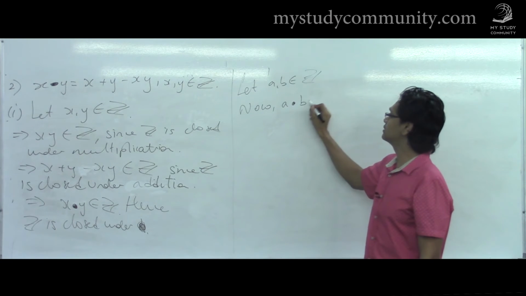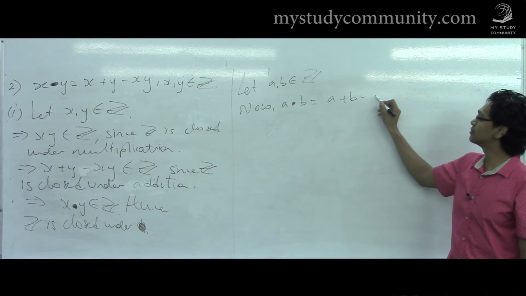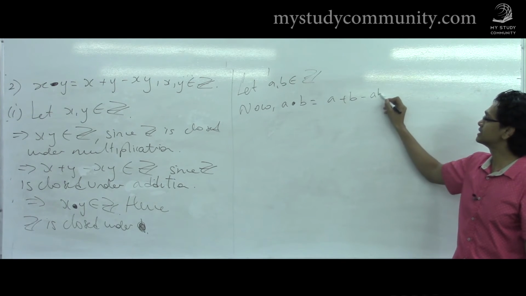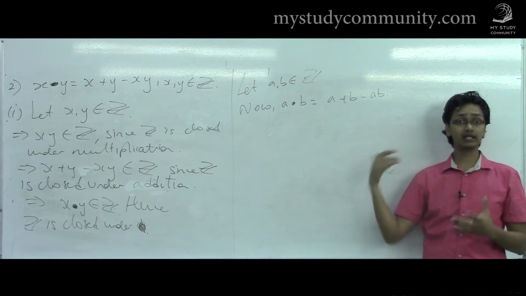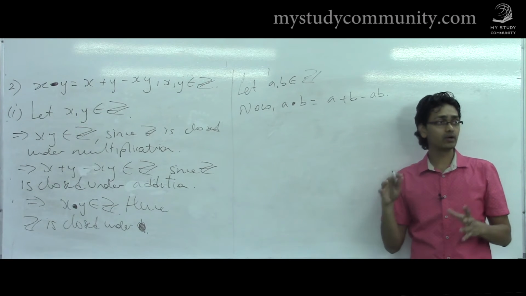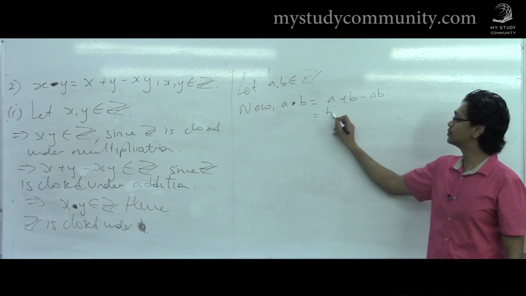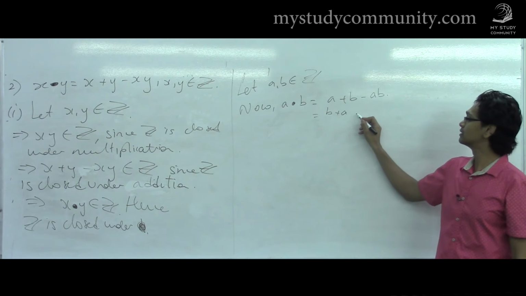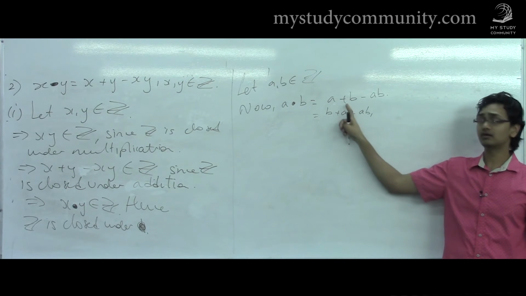A circle B is the first element plus the second element minus the product of the first element with the second element. Again, our goal is to get this to look like B circle A. So on the side somewhere we could write B circle A. So this would be equal to B plus A minus AB, and we can interchange A and B. Why?